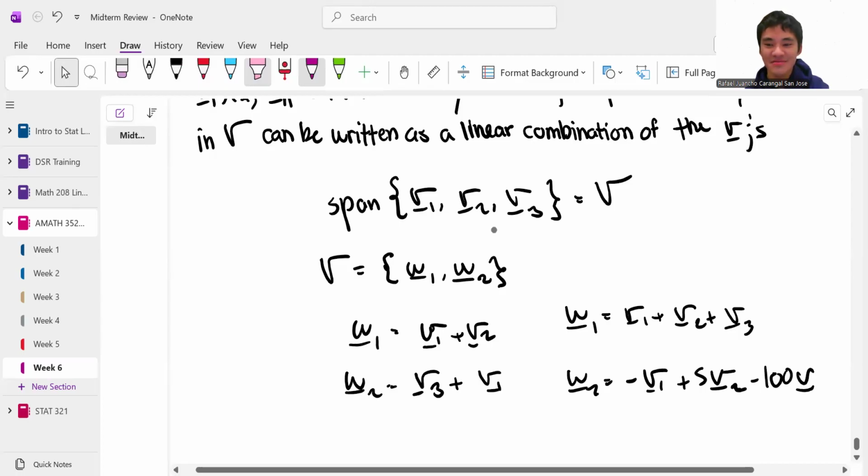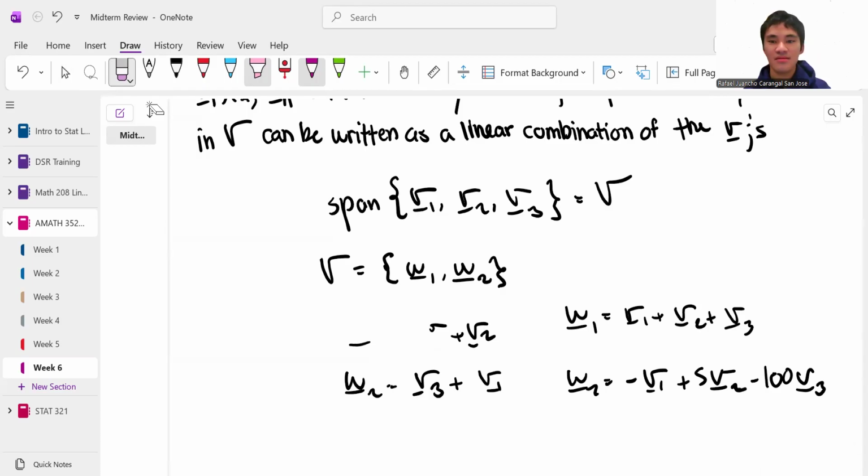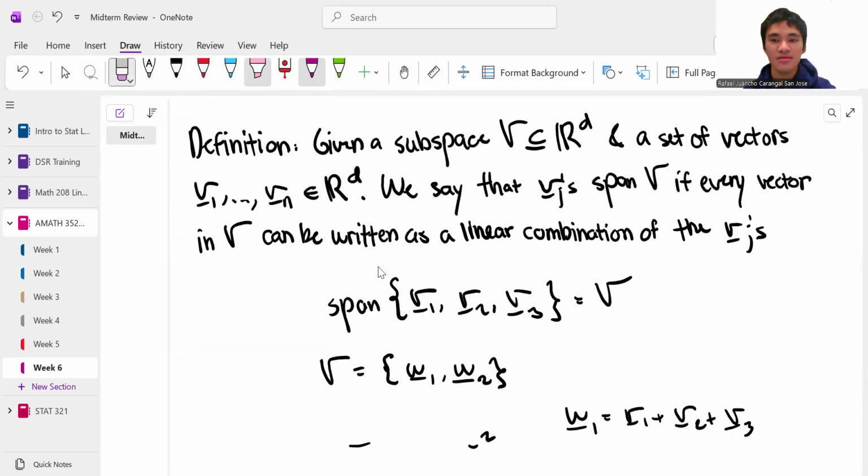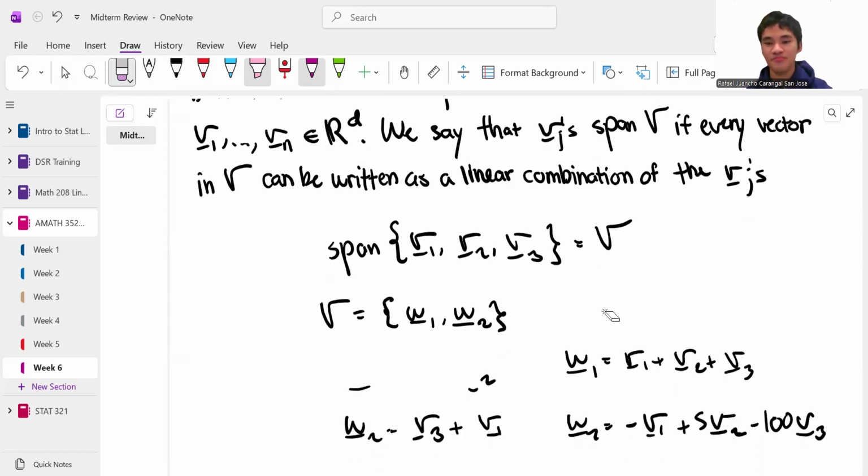But the idea is that if we play around with these v1, v2, v3 using vector addition, scalar multiplication, subtraction, and somehow we get w1 and w2, then the span is equal to V. That's what I'm trying to say.